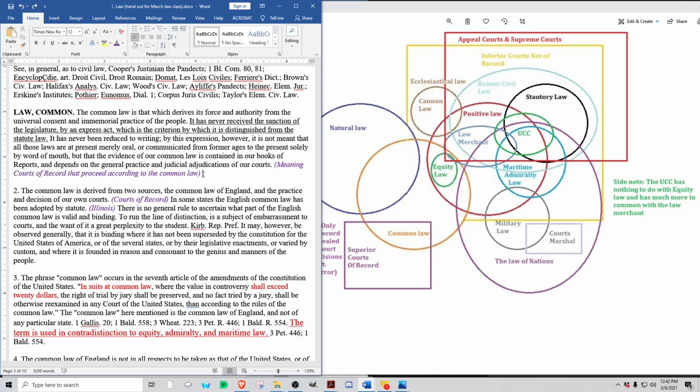I believe I gave examples of Illinois statutes, at least, that specifically state that the common law is still in full force and effect. Now, does that mean it's received sanction from the legislature? Yeah, I suppose you could have a debate about that, but they certainly acknowledge it because they have to.